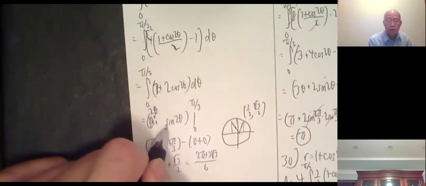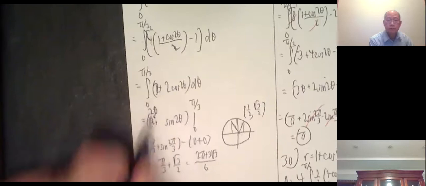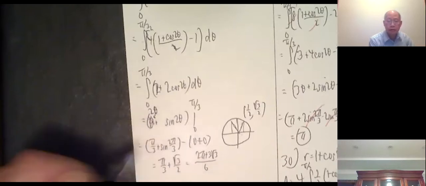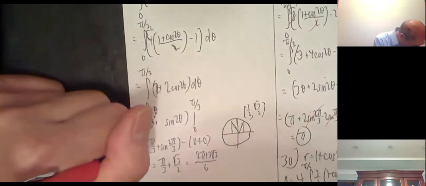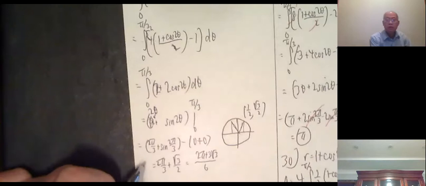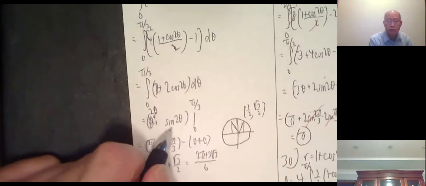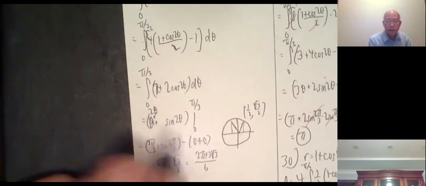Okay. Double check. The derivative of sine 2 theta is cosine 2 theta times 2. Okay. So if I plug in pi over 3, this should be a 2 pi over 3, plus sine of 2 pi over 3, minus nothing plus nothing.